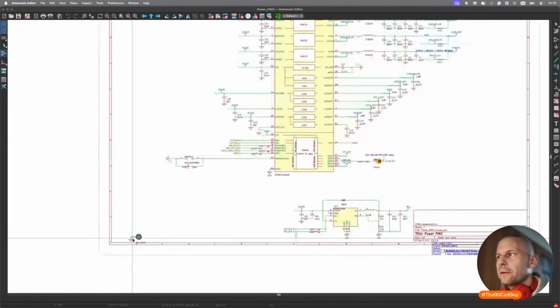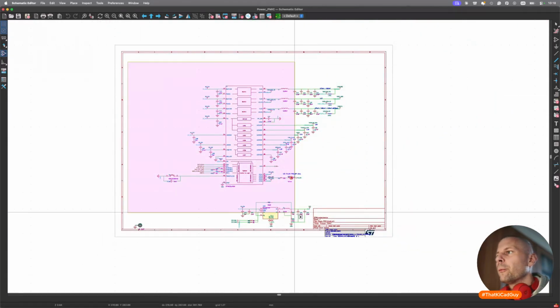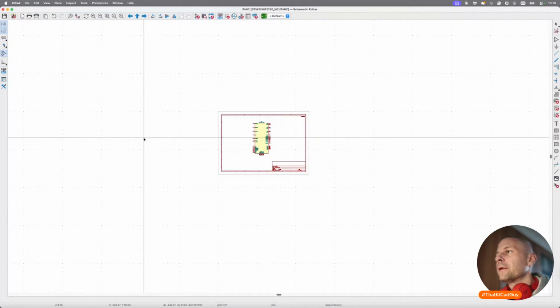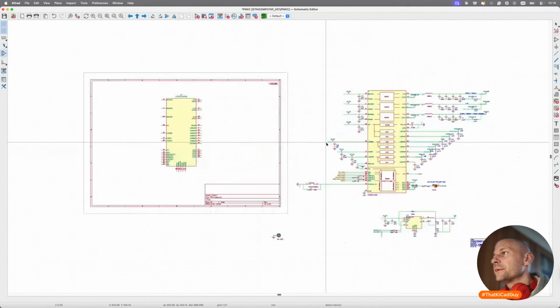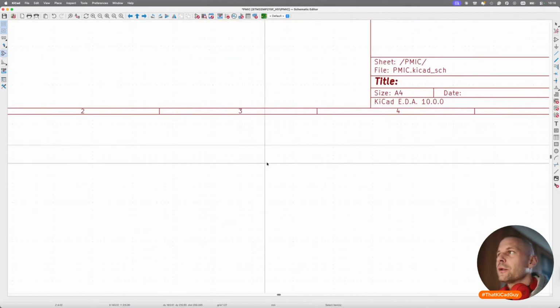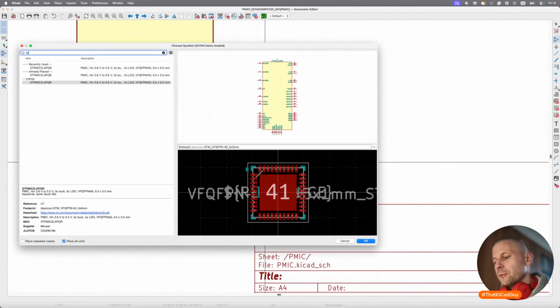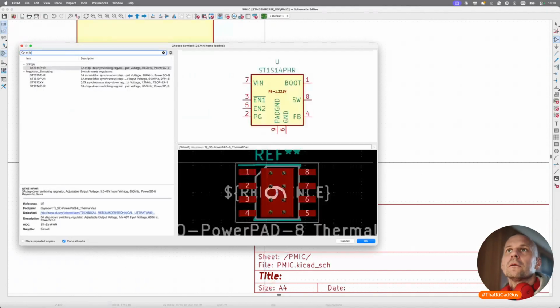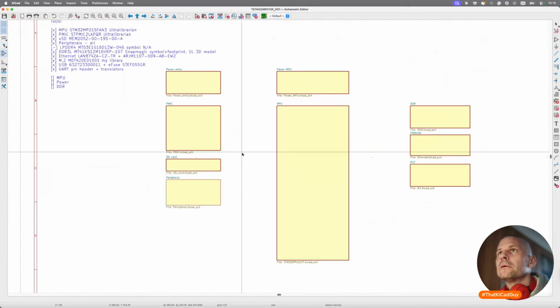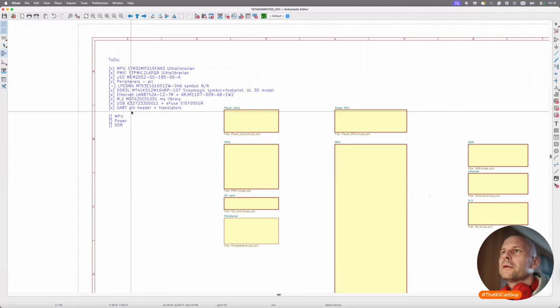Here's some mechanical part. Okay, so I will copy everything. Nice. And this is the original one, ST1 S3. Probably I didn't create the eFuse yet. Oh, yeah, I didn't. So I need to do it.